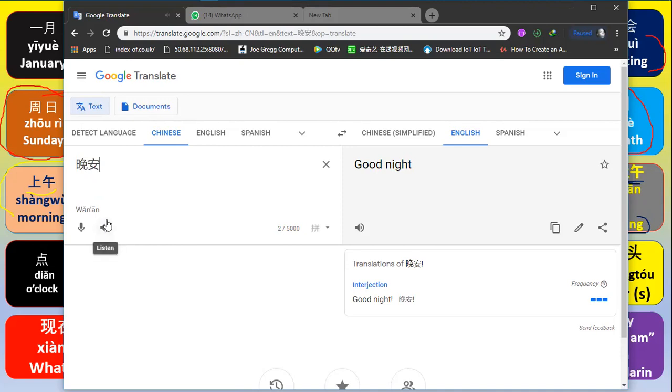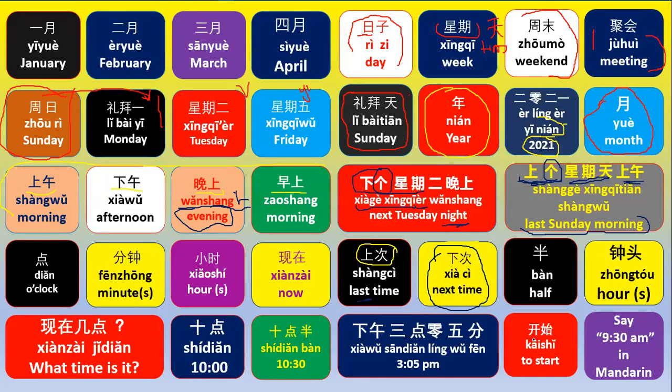Repeat. 晚安. That's good night. Yes, so you got that one. 晚安 is for night, when you say good night to somebody. But if it's just good evening, you can go with wanshang hao.